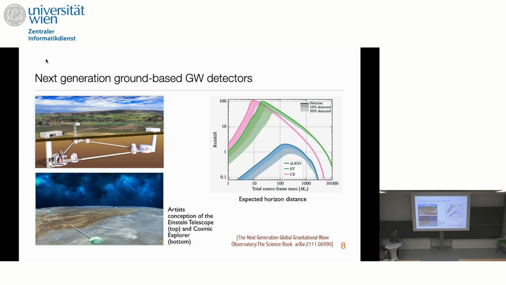Now a bit more futuristic thought. As you know, there are several very active proposals and plans, actually much more than proposals, to build the next generation of gravitational wave detectors, primarily in the US and in Europe, called Cosmic Explorer in the US and Einstein Telescope in Europe. And these can detect binary black holes out to very large redshifts.